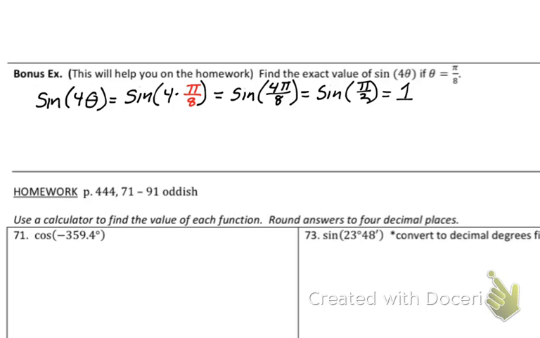Don't overthink sine and cosine. If you can do stuff in here to simplify it, do that first, and then go from there. All right, questions on that? No? What did I say, 25? Let's go ahead. I'm just going to stop there.